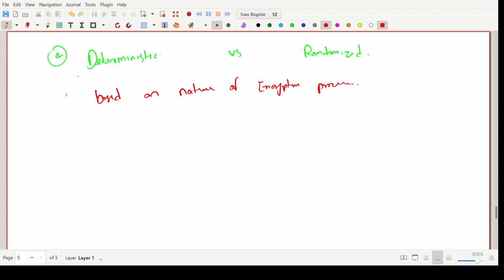If the encryption formula always outputs the same ciphertext. Okay.